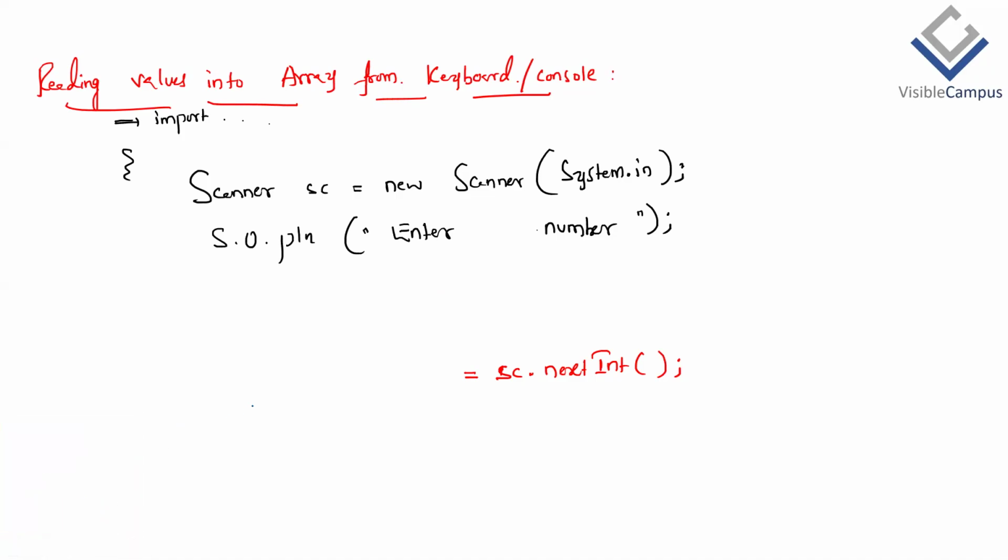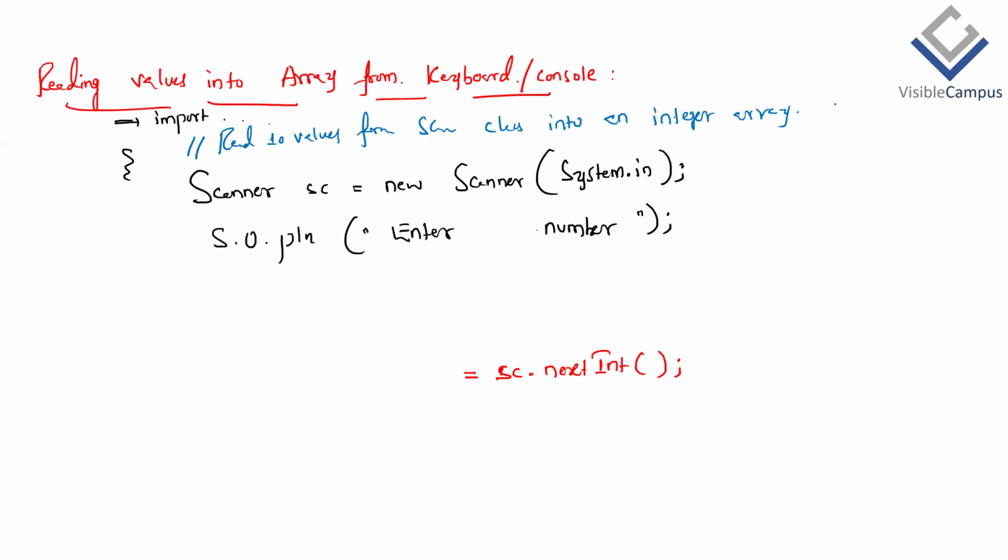So that is the normal way of accessing integer values into some variable from the Scanner class. Correct or not? Now my requirement is reading values into an array from the keyboard. Let me keep the requirement as: read 10 values from the Scanner class into an integer array. For such things, we have to use the empty arrays concept.